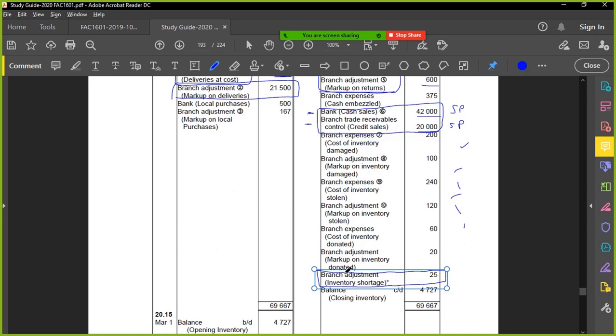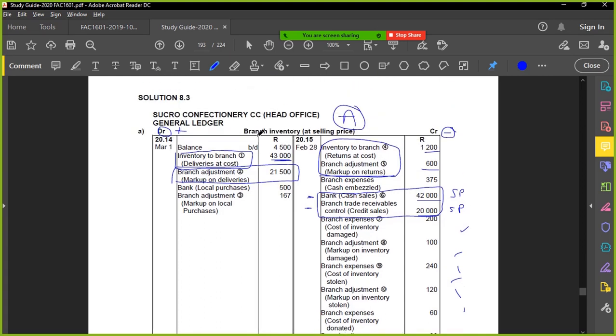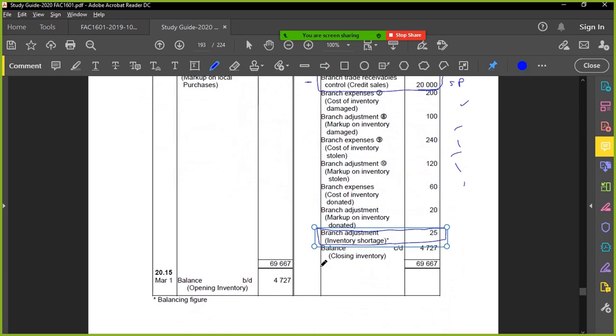Yeah. So I would say branch shortage for the 1725. Let's just make sure. If you have branch inventory that they've given to the business and the debit side is bigger than the credit side, that means they've got more stock than they actually have. And then when they balance the stock, yes, it would be a shortage.